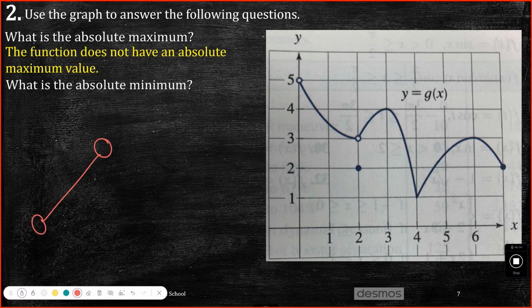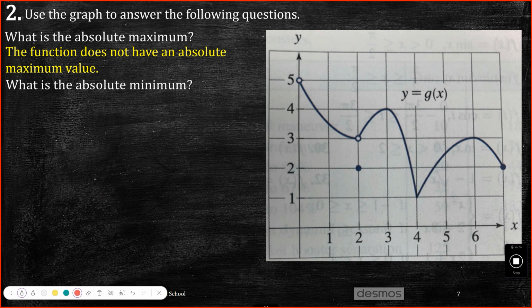When it's something like that, it definitely has no absolute max or no absolute min. But if it was bubbled in and not bubbled in, it wouldn't have an absolute max, but it does have an absolute min, because it's defined. That makes sense? And it would have a relative.